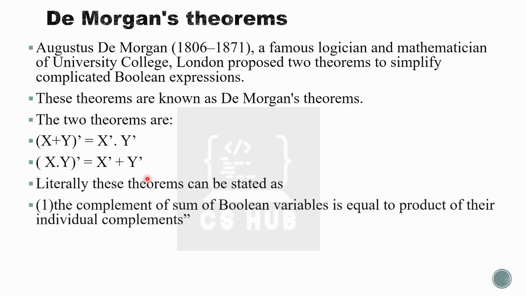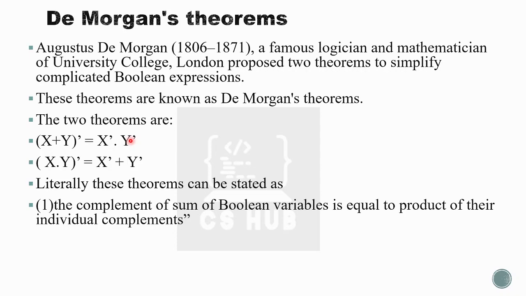Literally, this theorem can be stated as: the complement of the sum of Boolean variables is equal to the product of their individual complements.